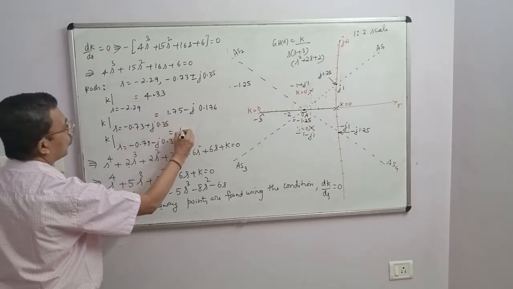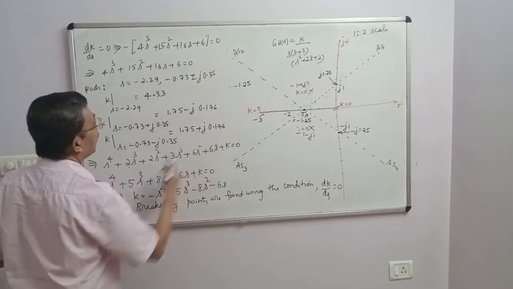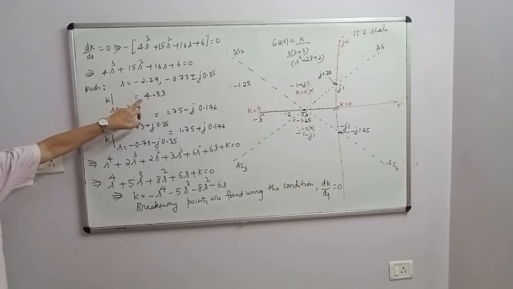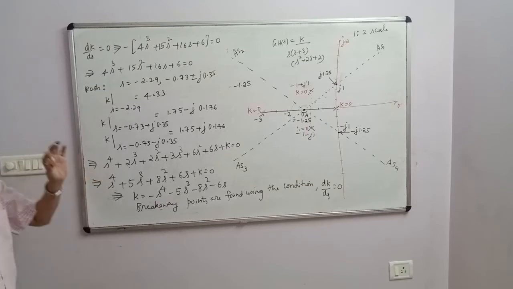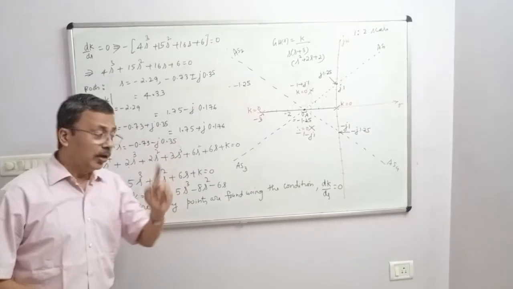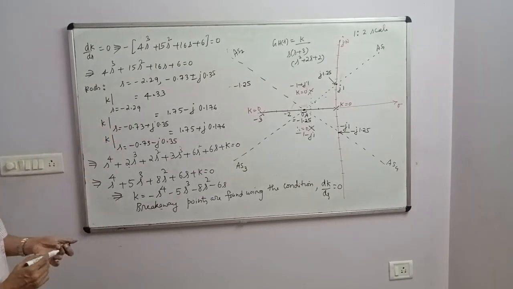You get the value 1.75 plus j 0.176. So, please note that only one value of k is real and positive. Therefore, the only breakaway point is s is equal to minus 2.29. The value of k at a breakaway point should be real and positive. Hence, the only breakaway point is s is equal to minus 2.29.